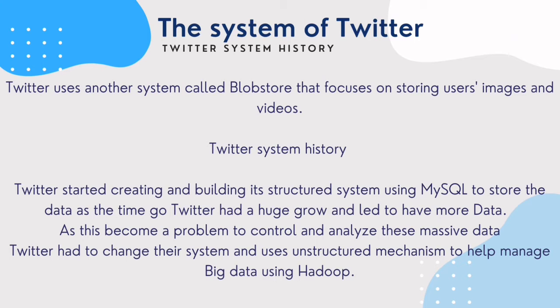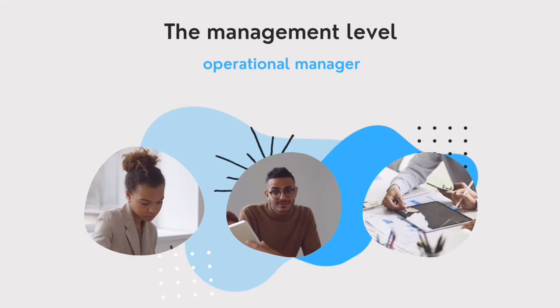In order to handle this big data, they had to change their system and use an unstructured mechanism to help manage big data, introducing their new system called Hadoop as a replacement for MySQL. Twitter is using the concept of distributed storage. Hadoop is an open source software framework for data storing and enormous processing power.